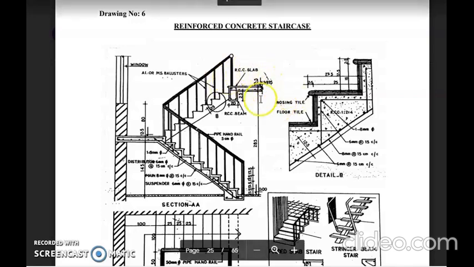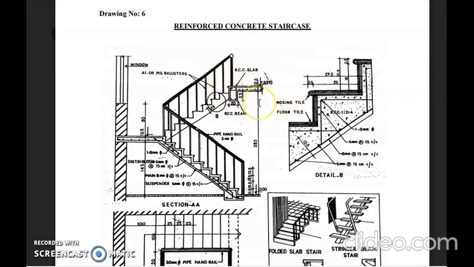Also, we can call this top slab a landing.